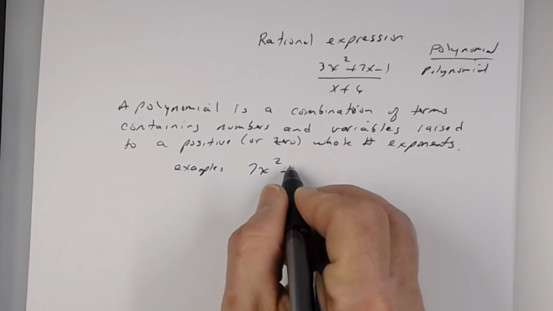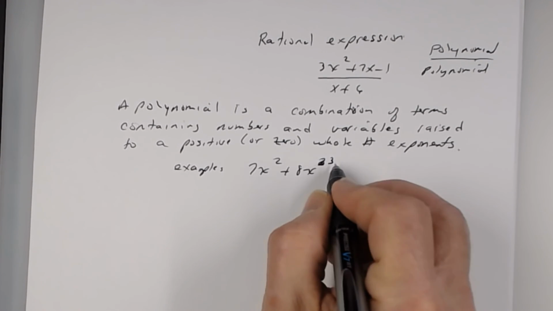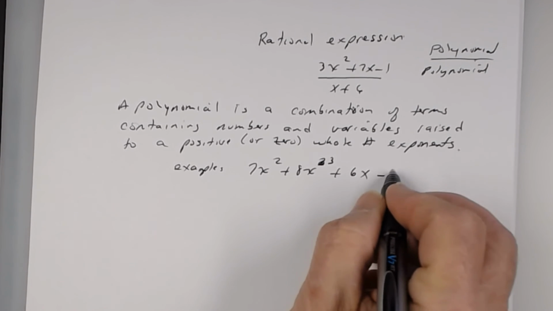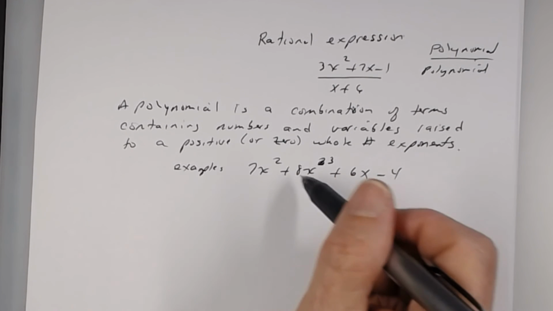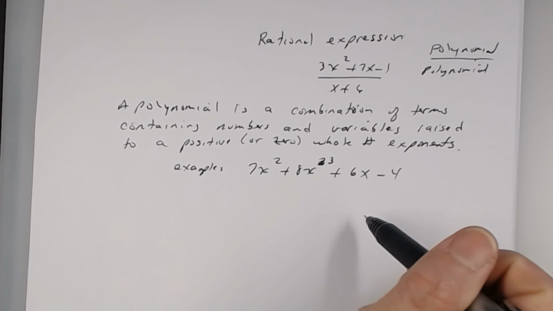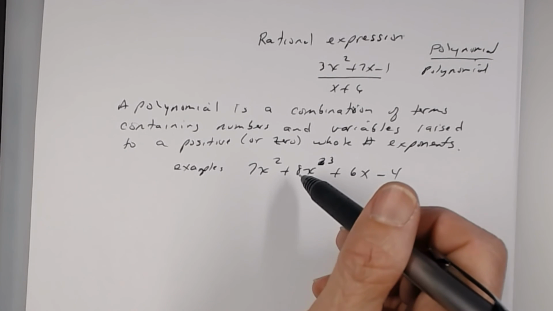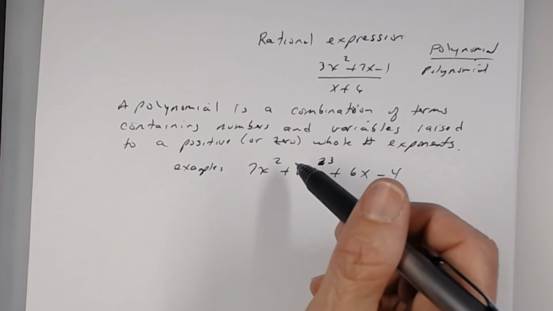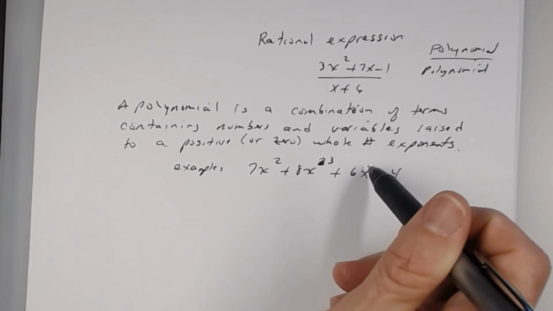7x squared plus 8x cubed plus 6x minus 4. That's an example of a polynomial because it's made up of terms. All your exponents are positive whole numbers. 2, 3, 1. This is exponent 1.